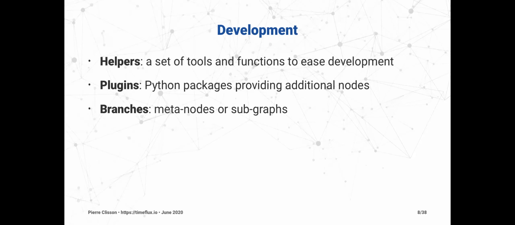Branches are pipelines that run inside one single node. It's very useful when you want to reuse different nodes from different plugins and put them neatly into one node so it's easier to use. And it also has a big advantage because you can use your pipelines as branches offline.